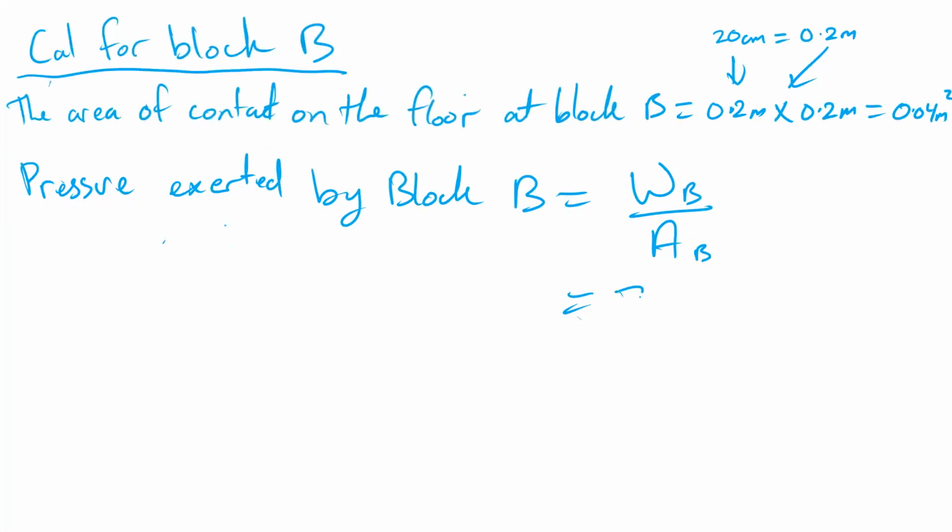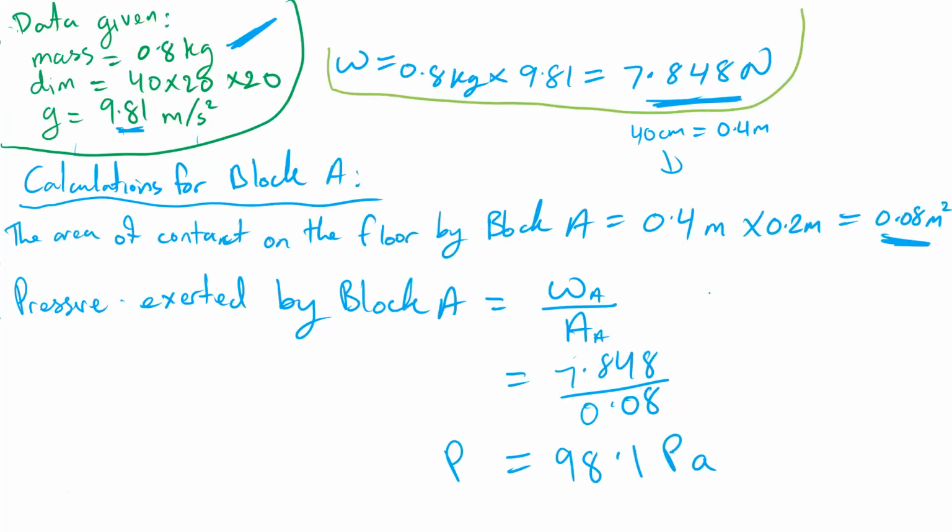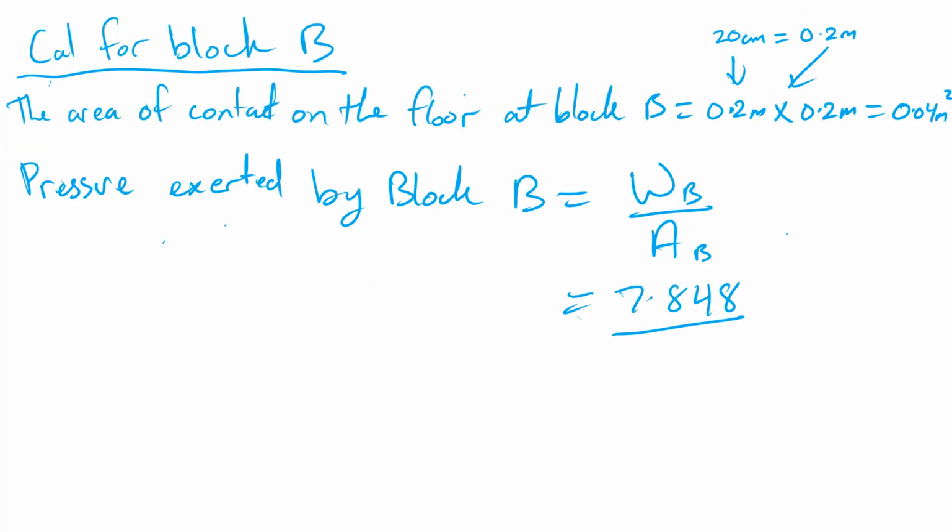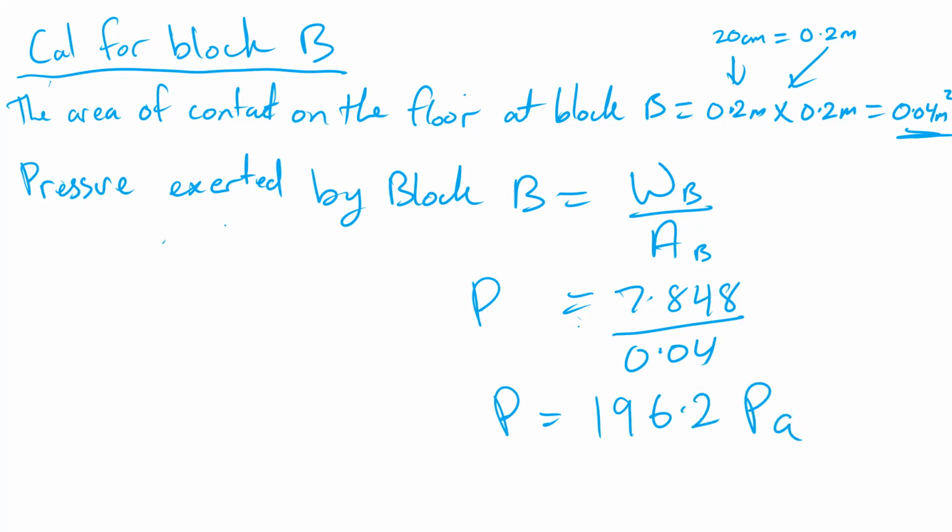So it's going to be 7.848 divided by the area we just found, 0.04. And once you plug this into your calculator, you will definitely get 196.2 pascals.